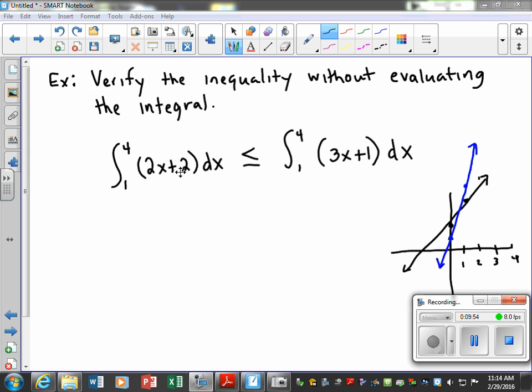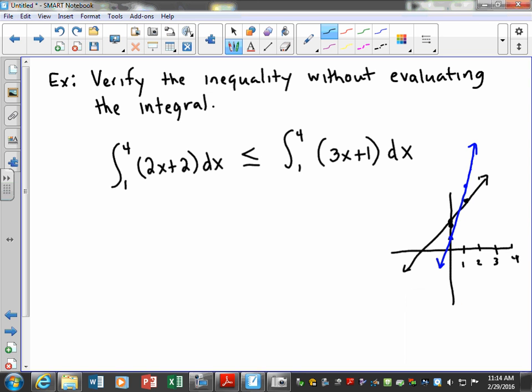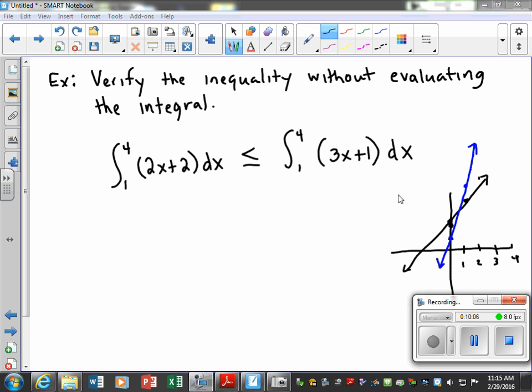The first thing I did was I just sketched the graph of 2x plus 2, roughly that black line, which I didn't necessarily make it to that dot quite well, and then the blue one is going to be the 3x plus 1. And we are asked to look at the interval from 1 to 4. So we can see from 1 to 4, the blue line is going to be greater than the black line for all values between 1 and 4 if we extended these graphs up.